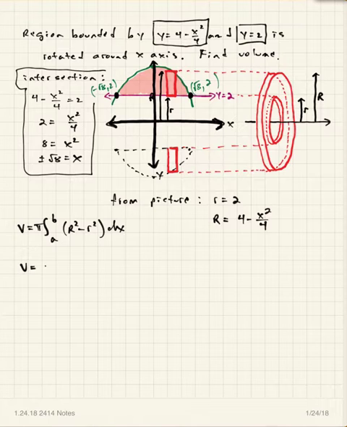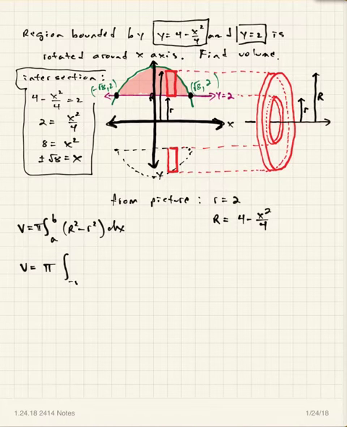You've got, this is going to be pi times, and by the way, notice that this solid is symmetric around the y-axis, because the region is symmetric around the y-axis. I could really just integrate this problem not from negative square root of 8 to positive square root of 8, but from 0 to positive square root of 8.